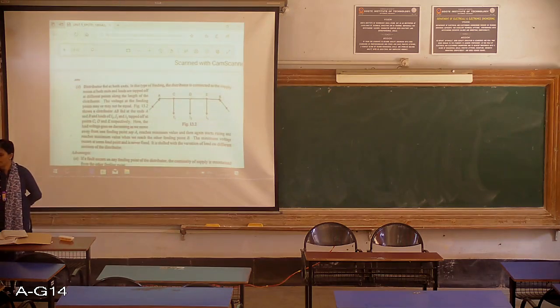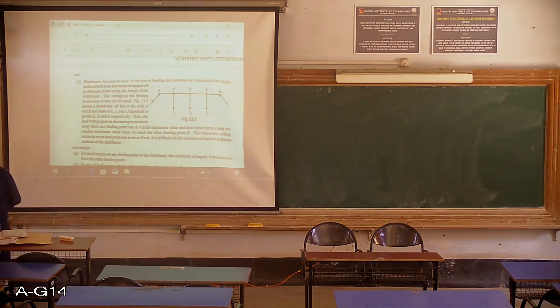Now, you have a distributor fed at both ends. What you can see here is a distributor which is fed at point A and also fed at point B. It shows the distributor AB fed at the ends A and B, and I1, I2, I3 are the tappings.